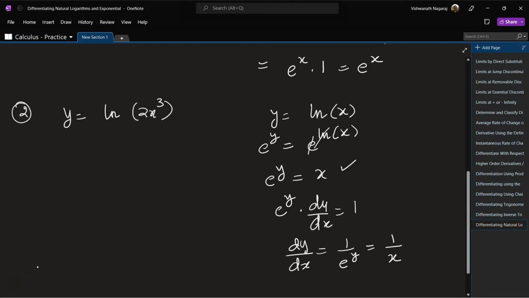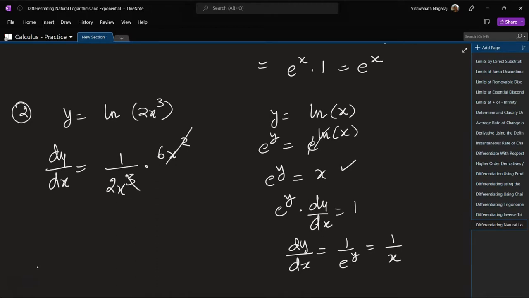So dy by dx of natural log of x is 1 by x. Again, now it becomes easier to do this. 1 by 2x cubed times 6x squared. So here x squared and x squared get cancelled. 2 and 6 give 3. So the answer is 3 by x.